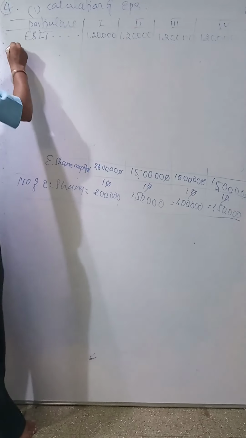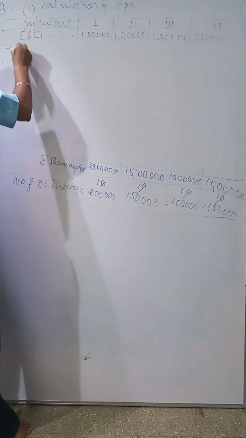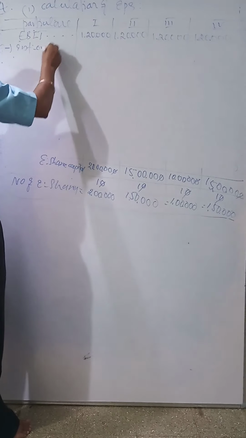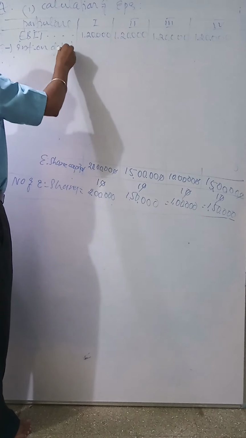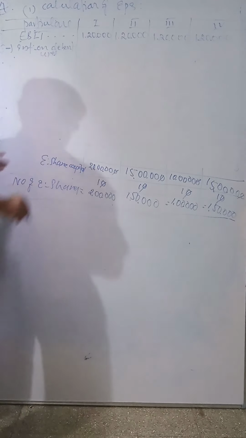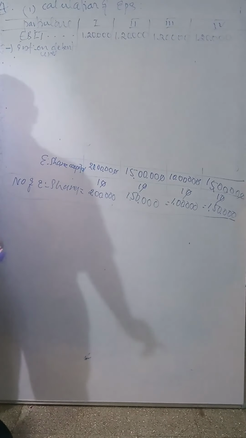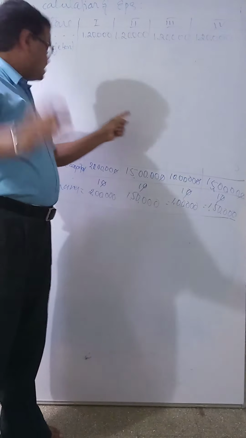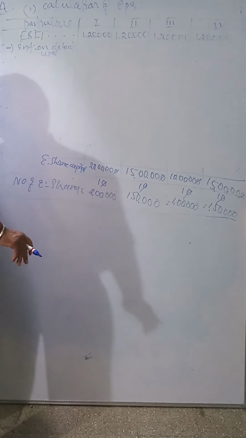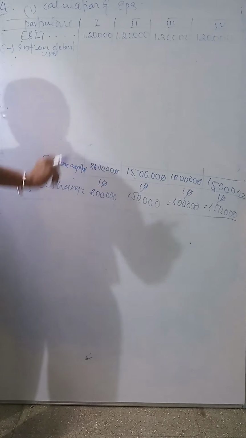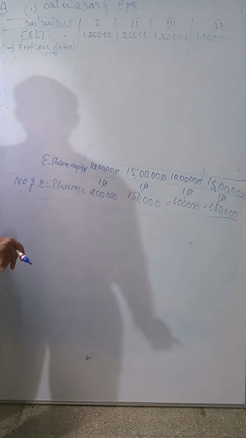Less interest, you have to deduct interest. Interest on what? Debentures. You see the table, look at the table. What do they give? See the second financial plan. 10% debentures 5 lakh.